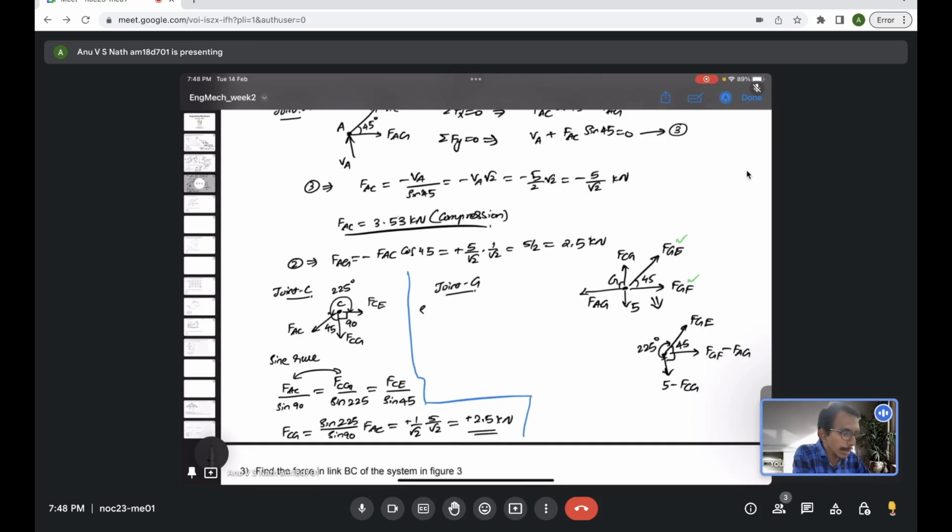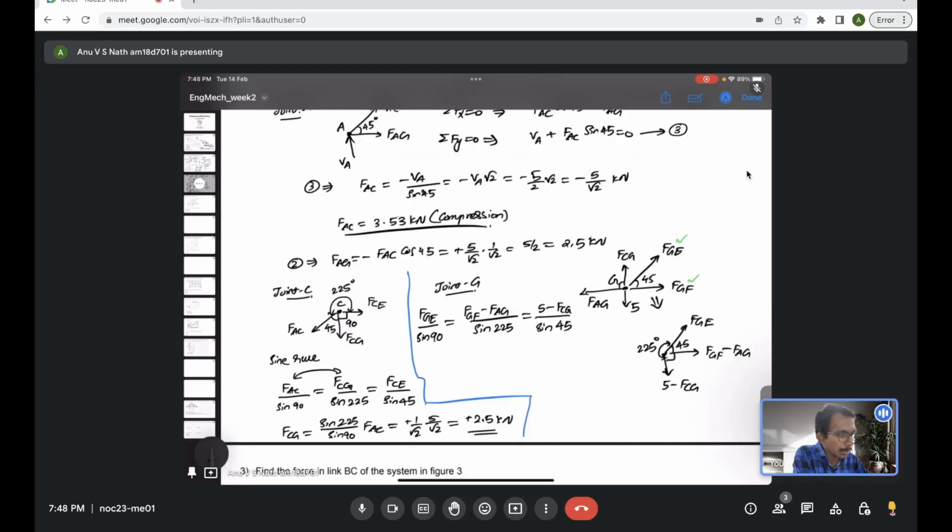So using sine rule, again I will write the force in member GE by sine of the opposite angle, which is 90 degree, is equal to FGF minus FAG by sine of the opposite angle, which is 225, is also equal to 5 minus FCG by sine of the opposite angle, which is 45 degree.